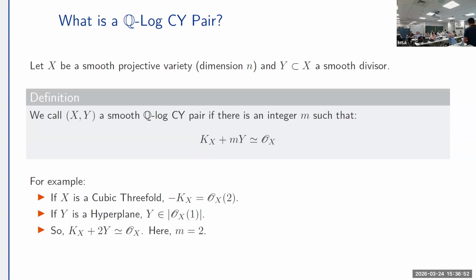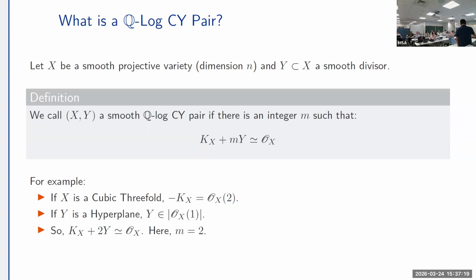So in the log Calabi-Yau situation, you take m to be equal to 1, but we can modify this definition a little bit. And in my mind, what I will always have again is X to be the cubic threefold. And Y in this case, if I put m equal to 2, Y is going to be a hyperplane section. So it's going to be a cubic surface.